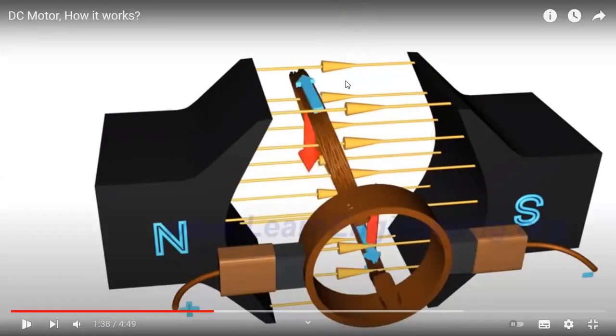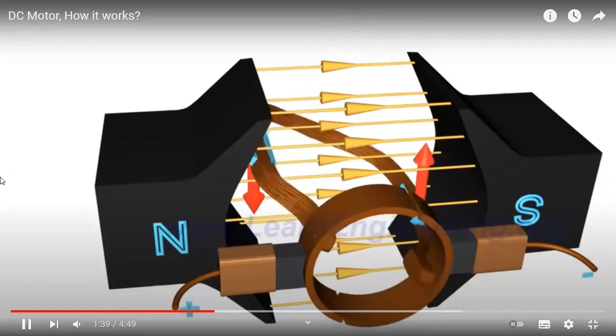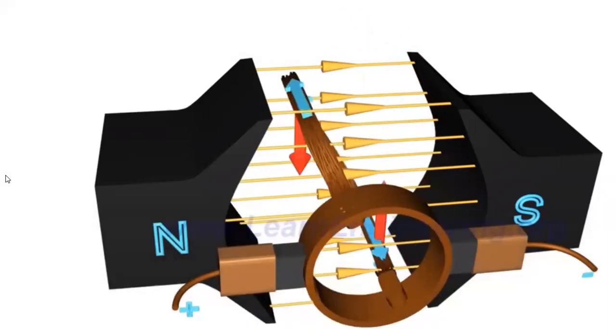When it is perpendicular, torque action is zero, and it cuts the least amount of the magnetic field produced by the field. And when it is horizontal, it cuts the maximum flux. You can clearly see this in the picture also.